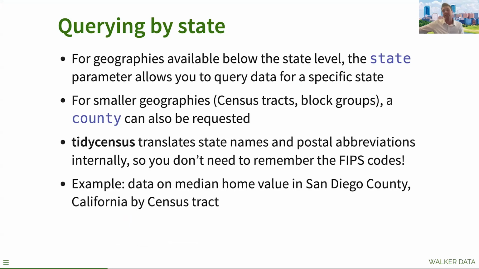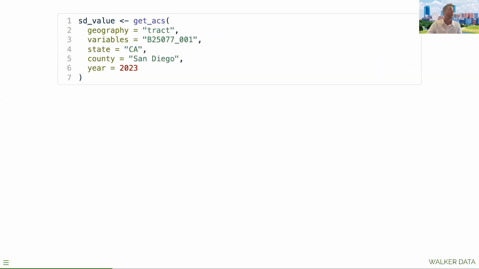So let's say I wanted to get small area data, at the census tract level, on median home value in San Diego County, California. I could use this code. I'm using getACS, but I specify geography equals tract. I specify state equals California and county equals San Diego.